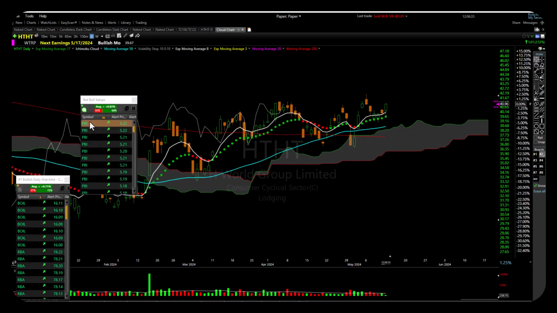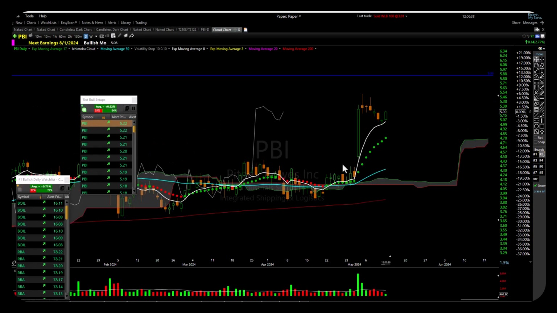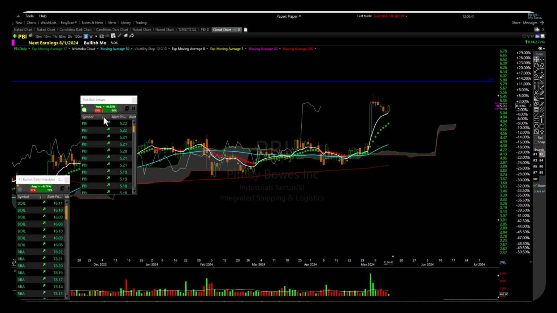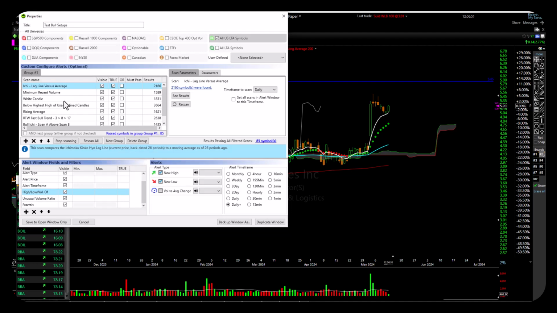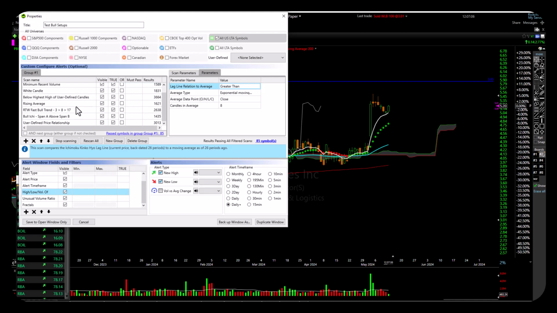So the cloud, let's look at PBI. And see, we're above the cloud. So in this scan, we've got some cloud things going on. Be glad to show you. Everything is pretty normal. The lag line versus a moving average. On this one, I've got it set up so the lag line is greater than the 8 exponential moving average. This is relatively new, by the way.